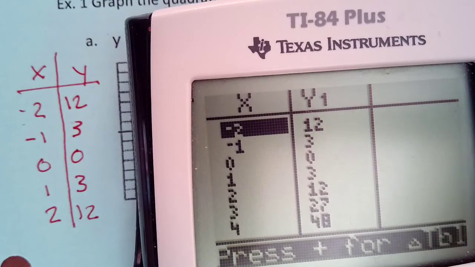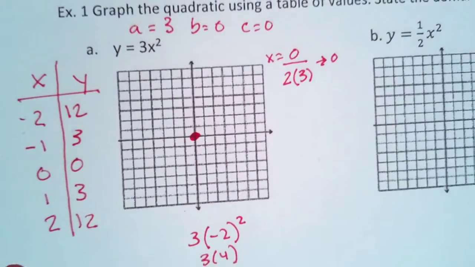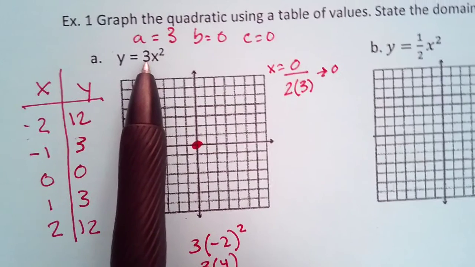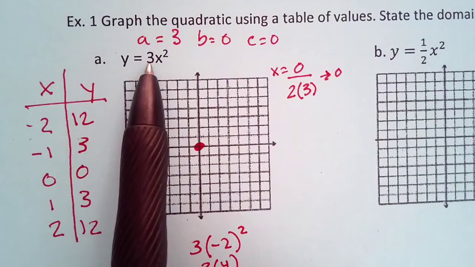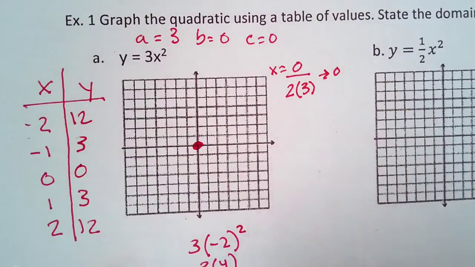If we click graph, we can see what our graph should look like. Do we see any big differences from this to the last one? It's skinnier, okay? So hypothesis, if I put a whole number in front of x squared, bigger than 1, my graph gets skinnier. Let's go ahead and graph these points.